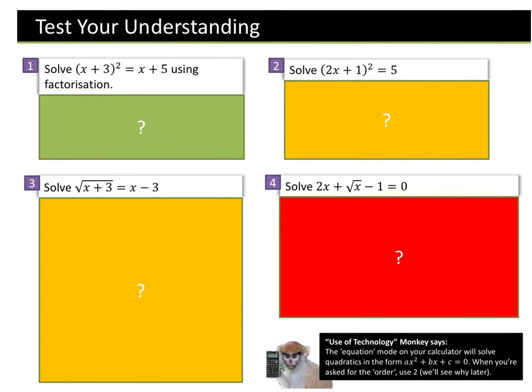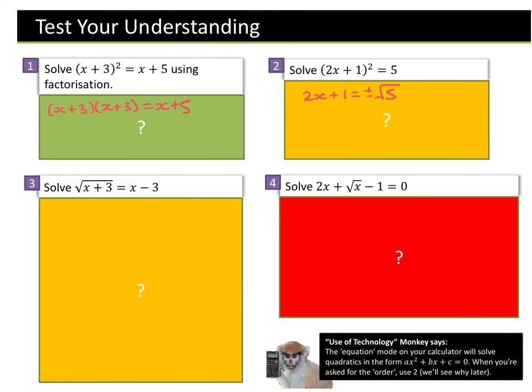I said in the previous example, it's easier for you to square root. This only works if you have an integer on the right-hand side, because you're going to get a number. So, for example, for this one, I'd have 2x plus 1 equals plus or minus root 5. For the first one, I would expand out the bracket and then start my working from there.